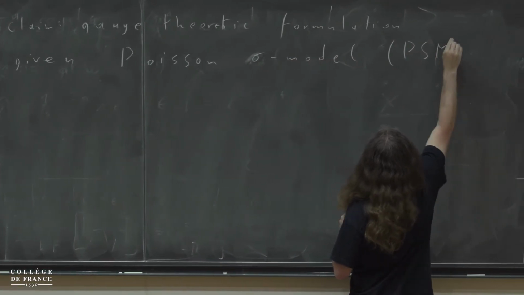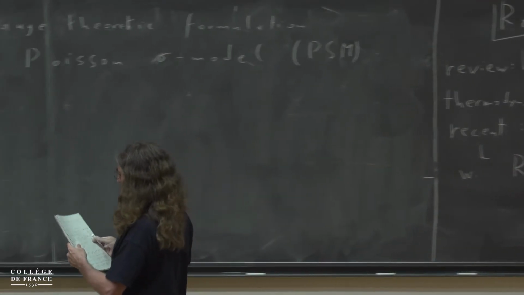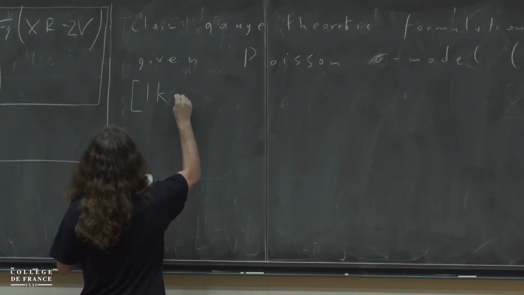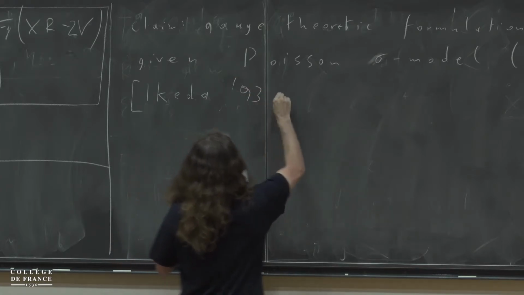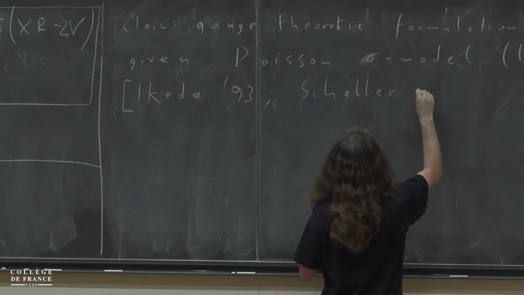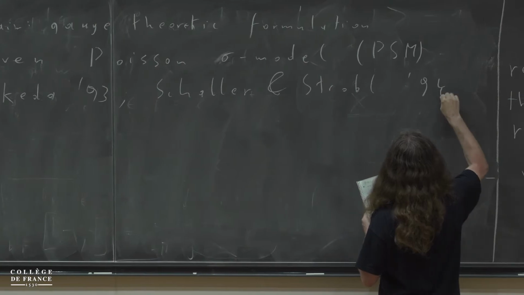So I abbreviate this by PSM. So what is a Poisson-Sigma model? Well, maybe here let me add some references. So this was shown by Ikeda in '93, and independently a bit later by Schaller and Strobl in 1994.